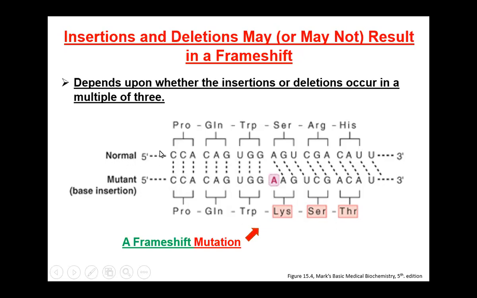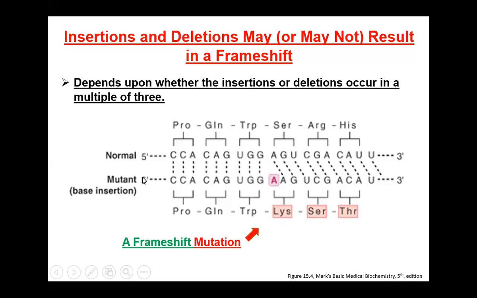This top part shows very simply a normal DNA sequence. This is just made up, but it shows what would be normal and what these codons code for. You can see the sequence here. And now when we get to the tryptophan, we then see serine, arginine, and histidine coded for here at the end of this sequence.